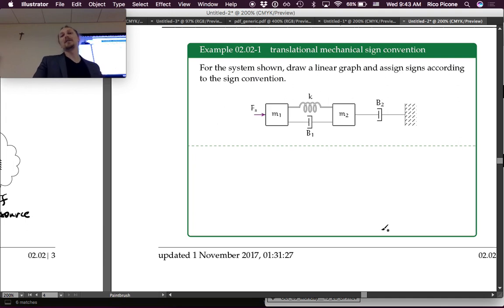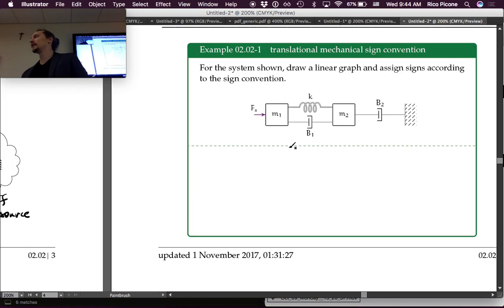It's because of the spring. If you just have a mass and a spring connected to ground, for instance, that's actually a second order system. If you have two masses connected by a flexible element, you're going to have a third order system. So yeah, this is going to be a third order system.